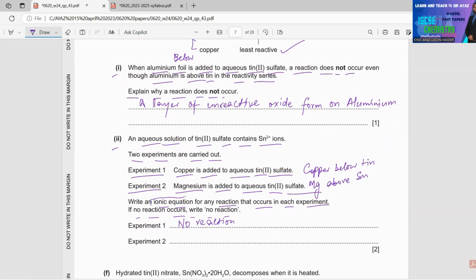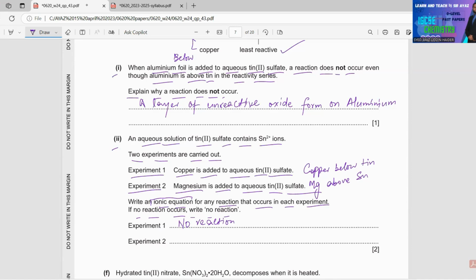In the ionic equation, you have to cancel out the common ions, which are known as spectator ions. Magnesium, during its displacement reaction with aqueous tin(II) sulfate, forms magnesium sulfate and tin. Sulfate is the common or spectator ion on both sides of the equation, so we won't have any sulfate ion in this ionic equation.